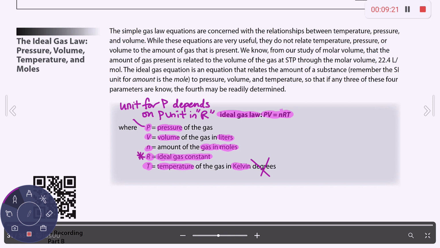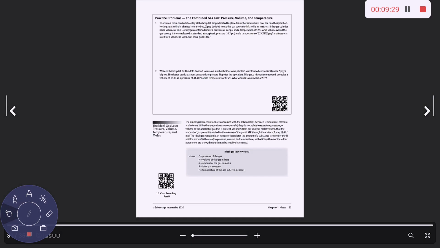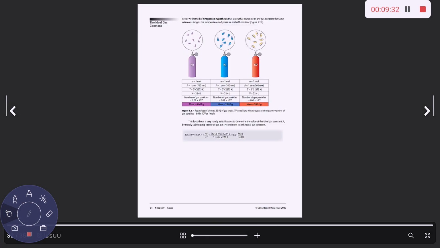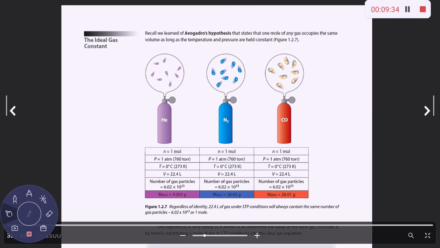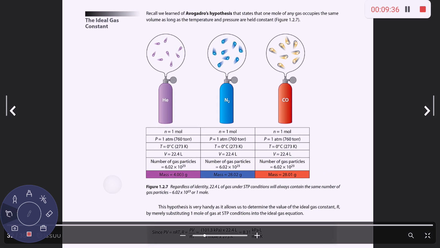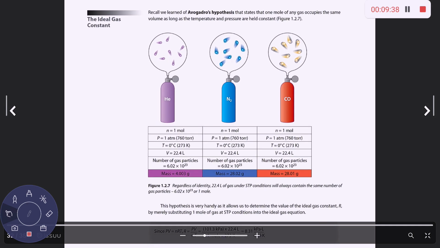So let's turn to the next page. The ideal constant value was derived. You don't have to worry about doing the derivation. I'm just explaining it to you. Basically, Avogadro's hypothesis said that if I have a mole of any gas, it will occupy the same volume as long as the temperature and pressure are constant.